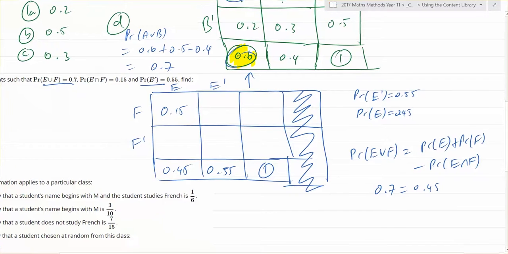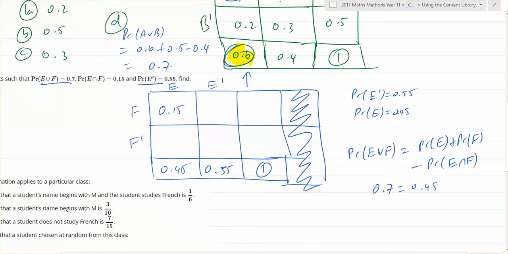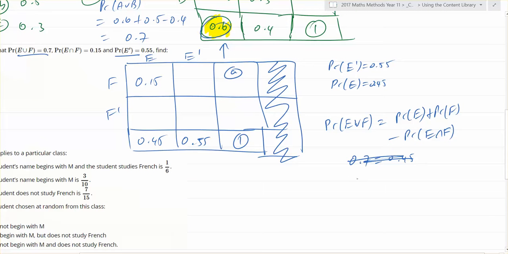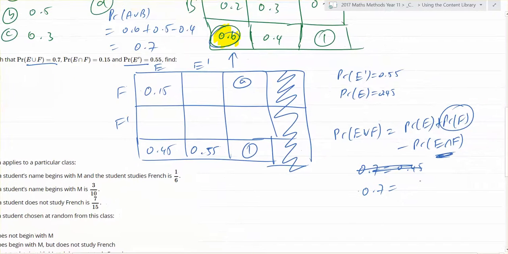So 0.7 equals the value of E, which is 0.45, plus the probability of F, which we don't know, minus E intersection F. E intersection F was given, so it's 0.15.